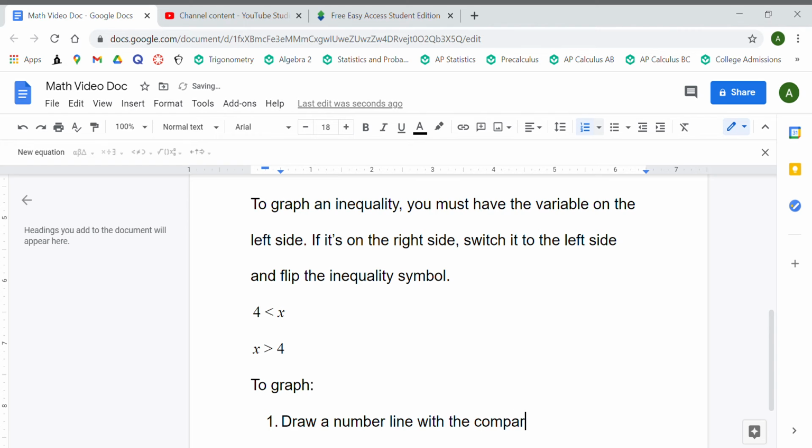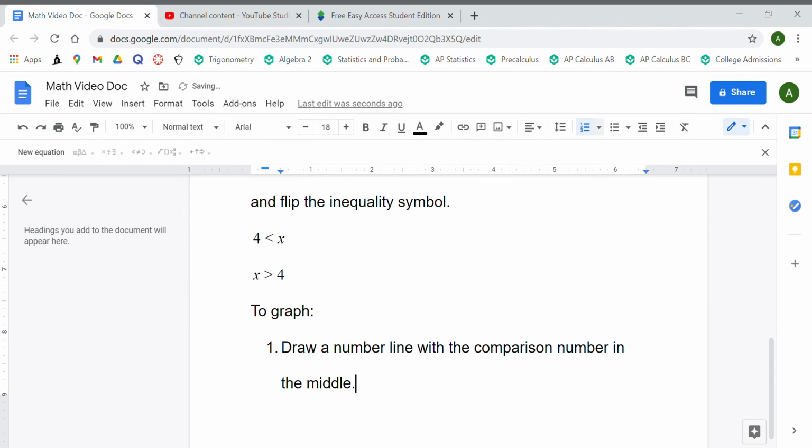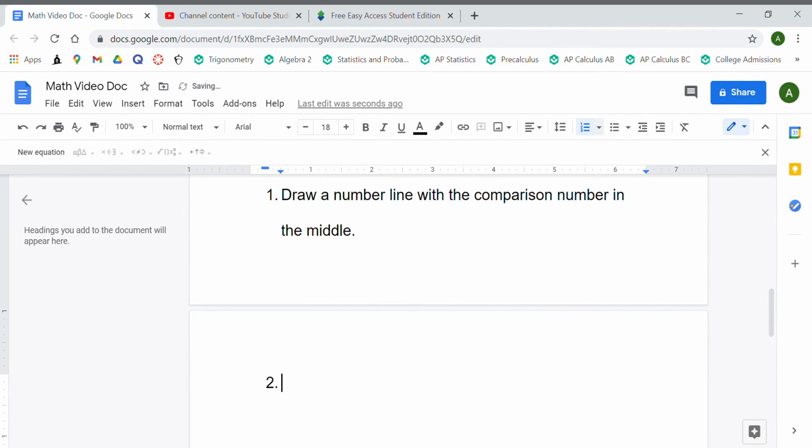It's a comparison number in the middle. And then draw a circle over the middle number.